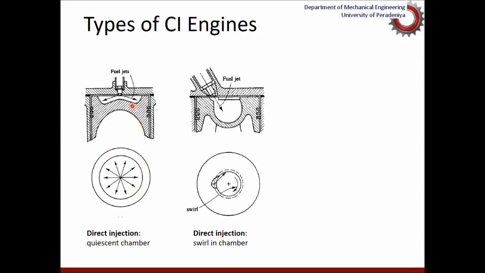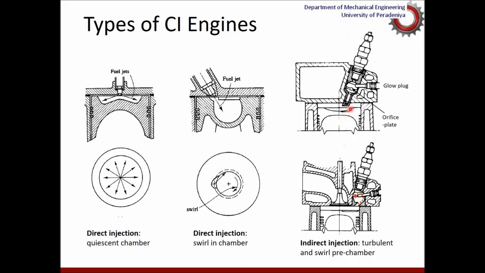So this kind of combustion chamber is called the crescent type combustion chamber. At the center you have this injector, and the injection takes place all around. And then there is another type called swirl type, with a deep bowl in the piston, where the swirl generated turbulence would ensure proper mixing for combustion.